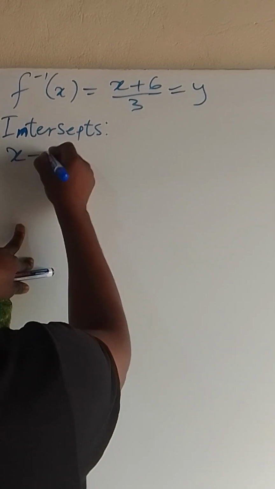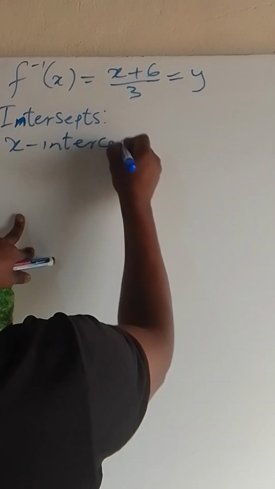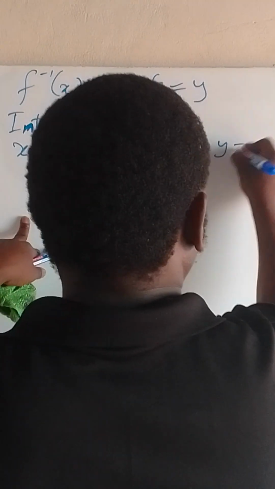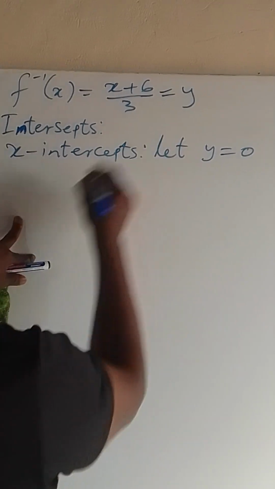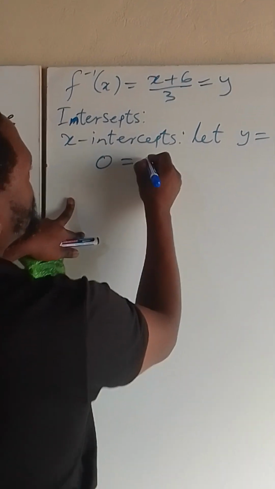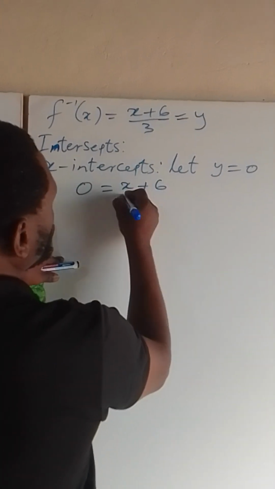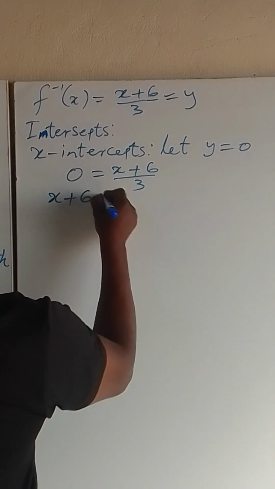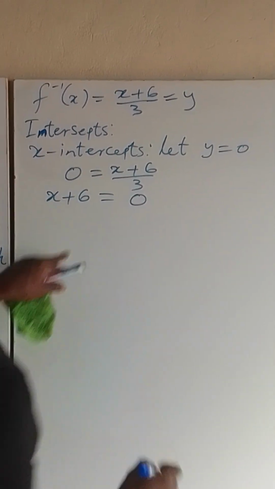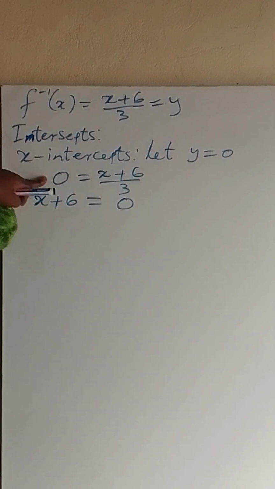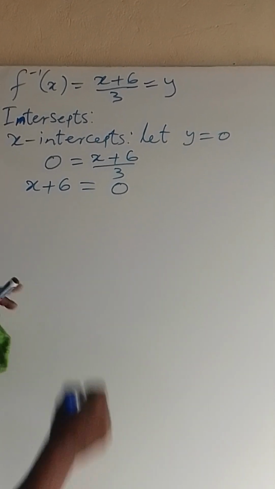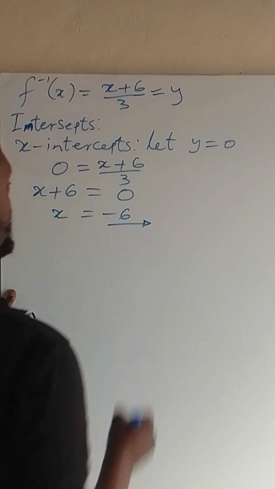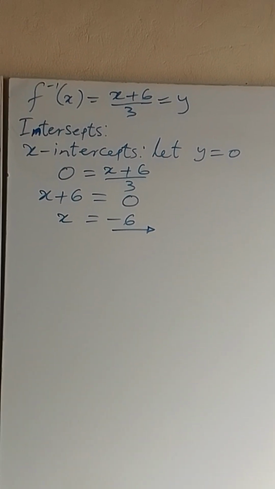We start with the x-intercept. We let y be 0. Then (x + 6)/3 = 0. Then x + 6 = 0. You cross multiply 3 by 0, which is 0. Then you find that x = -6. This is your x-intercept for the inverse function.